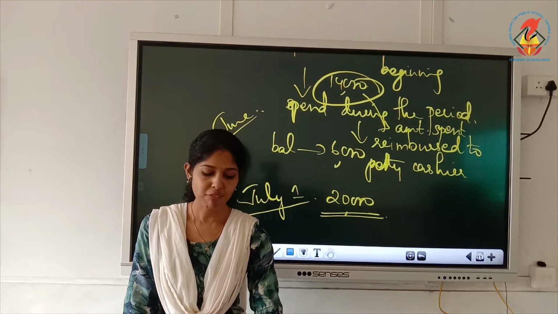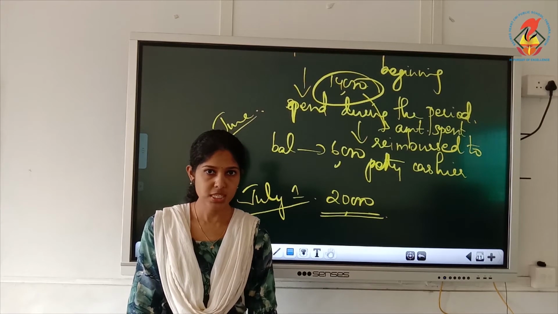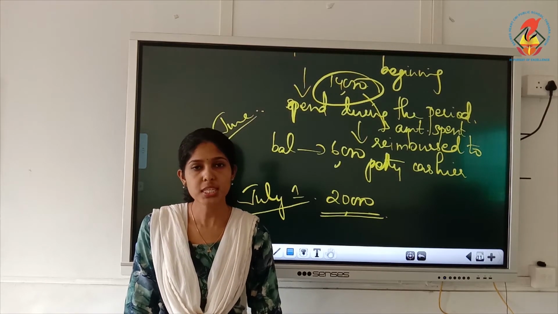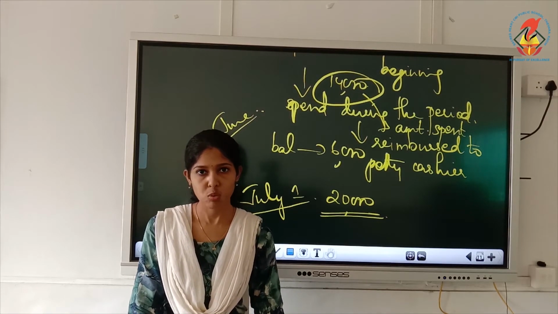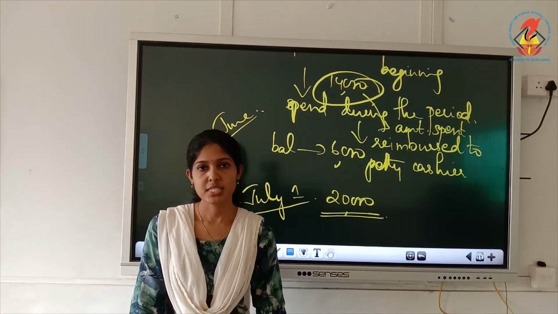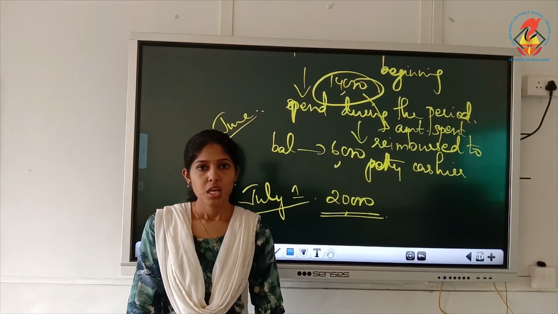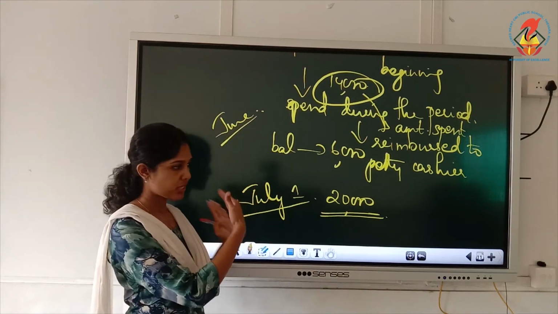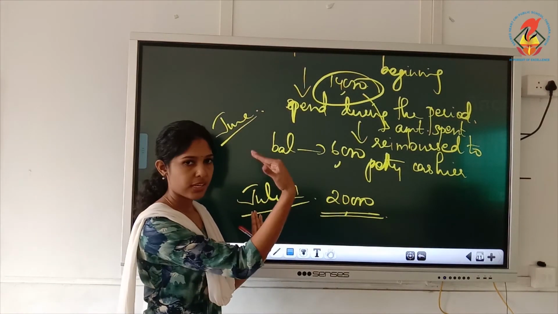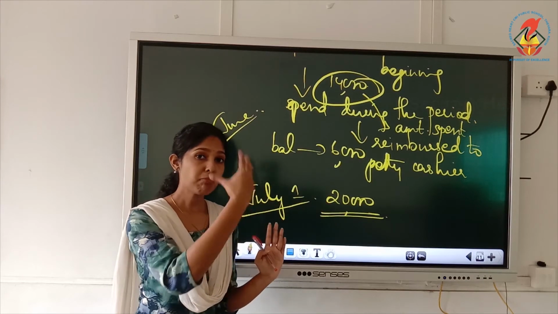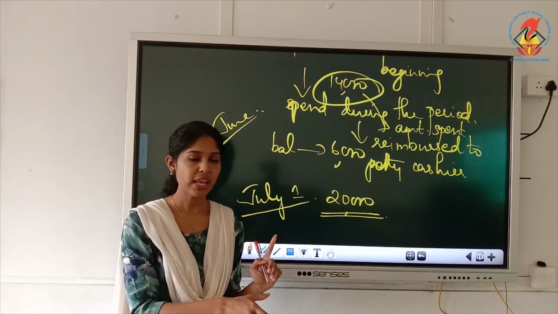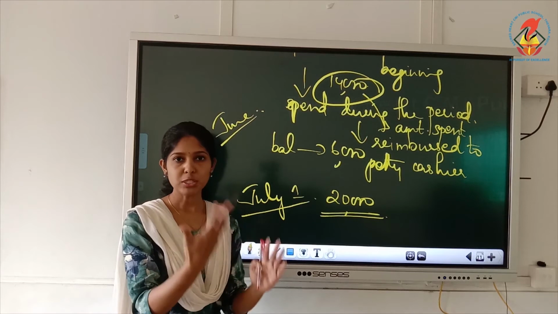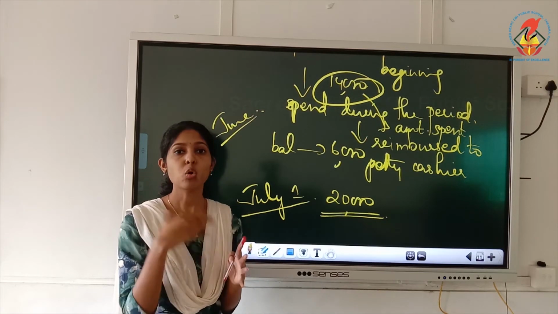The next thing you have to learn, the second type of petty cash book, is the analytical petty cash book. Give the heading, second one, analytical petty cash book. The difference is, again this cash book also will have a receipt side, that means a debit side, and the credit side, that is the payment side. But in the payment column, usually we have only one amount column, or there will be two if it is a double column, but not more than that.